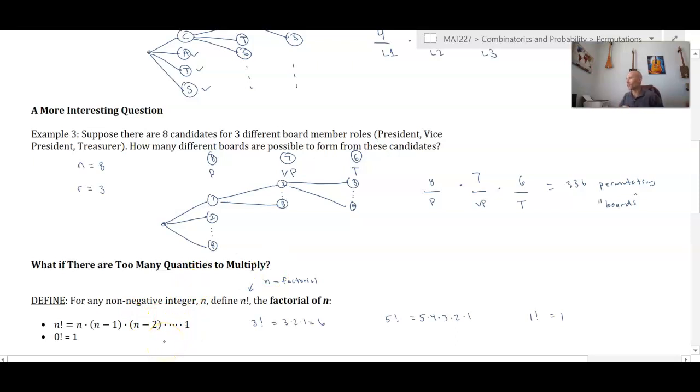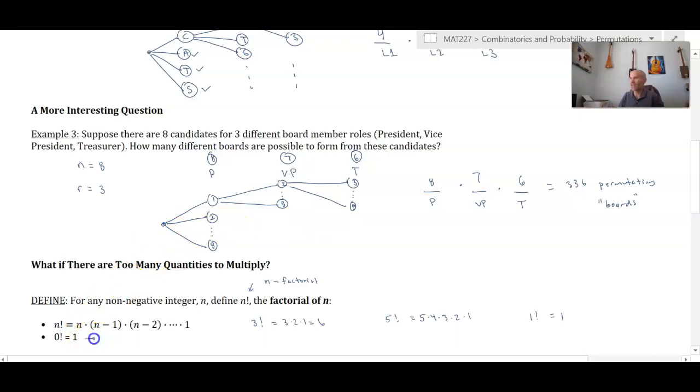Now there is one issue that we'll encounter, and that is, well, what about 0? Because 0 is technically non-negative. So we actually have a definition for 0 factorial, and you might say, well, would that just be 0 times 1? And no, we're going to just say, by definition, let 0 factorial be equal to 1. Because otherwise 0 kind of breaks the system a little bit.